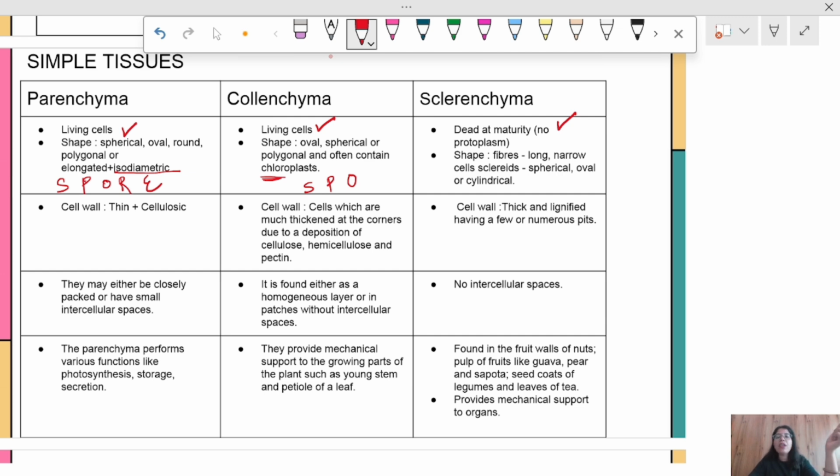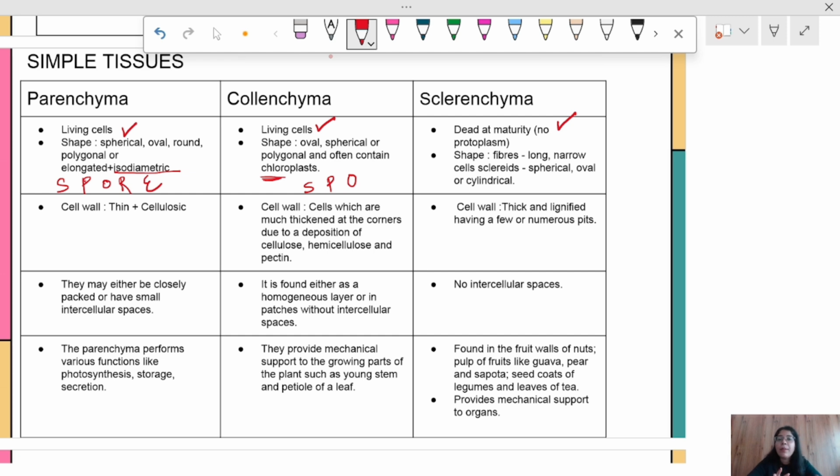Parenchyma only, collenchyma only, parenchyma and collenchyma. So what will be the answer? Parenchyma and collenchyma, because a special type of parenchyma which has chloroplast is considered mesophyll tissue. It is definitely going to do photosynthesis, and sometimes you will see collenchyma. If it has chloroplast, then it can also do photosynthesis. So you can say that yes, parenchyma and collenchyma both are able to do photosynthesis.